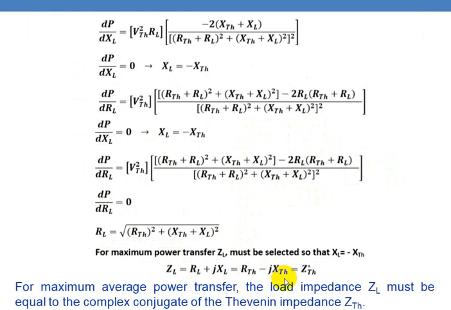That is, it should be the complex conjugate of the Thevenin impedance. So RL should be equal to RTH and XL should be equal to minus XTH.